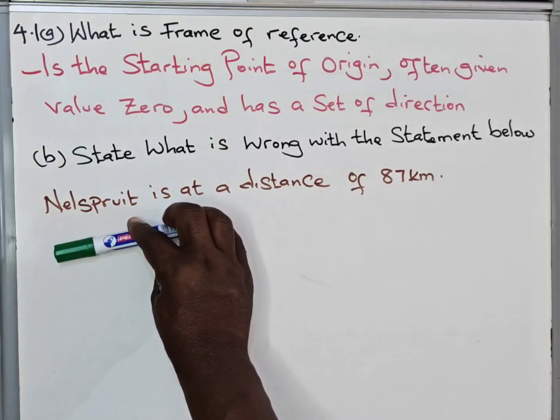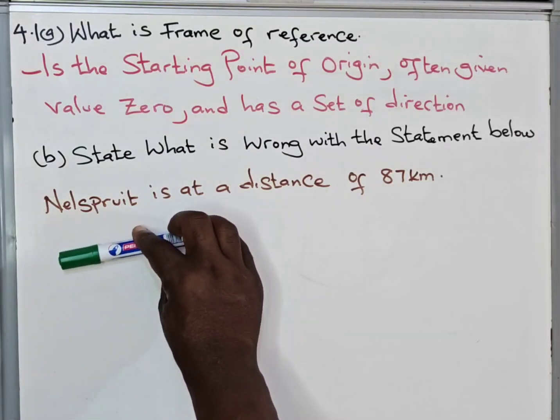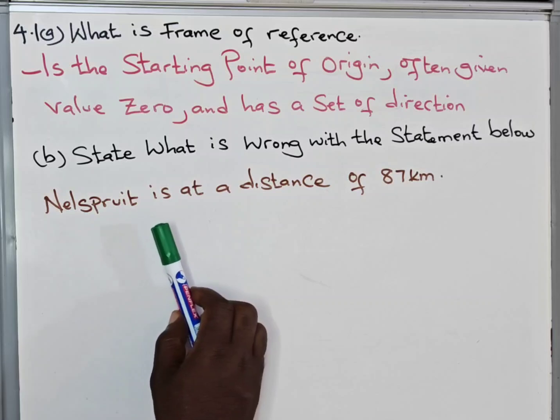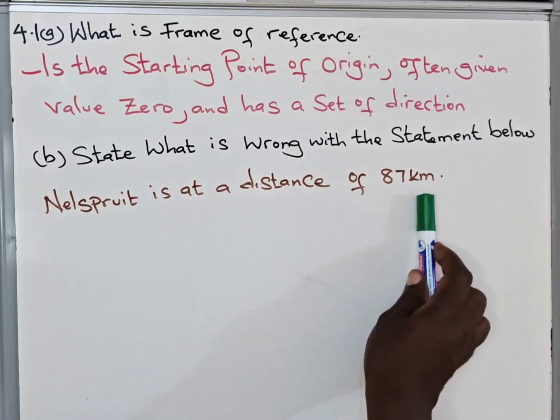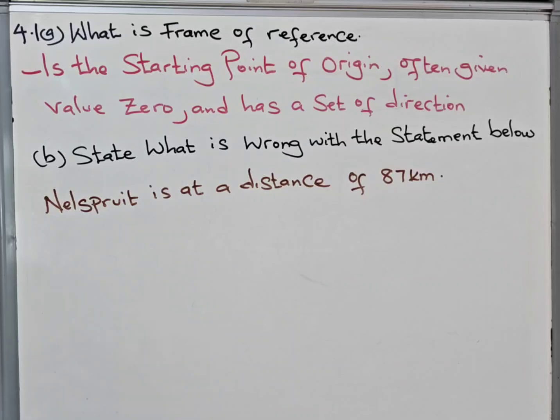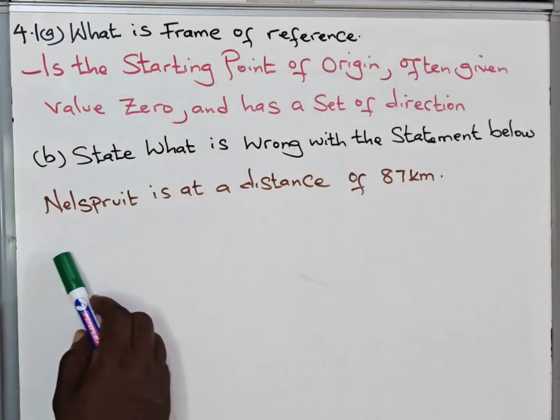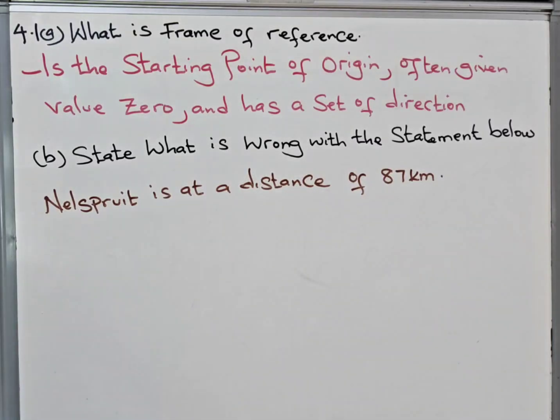What is wrong is that this statement lacks frame of reference. Because when you say 87 kilometers, somebody would ask, from where? So, yes, it's missing frame of reference, or the starting point.